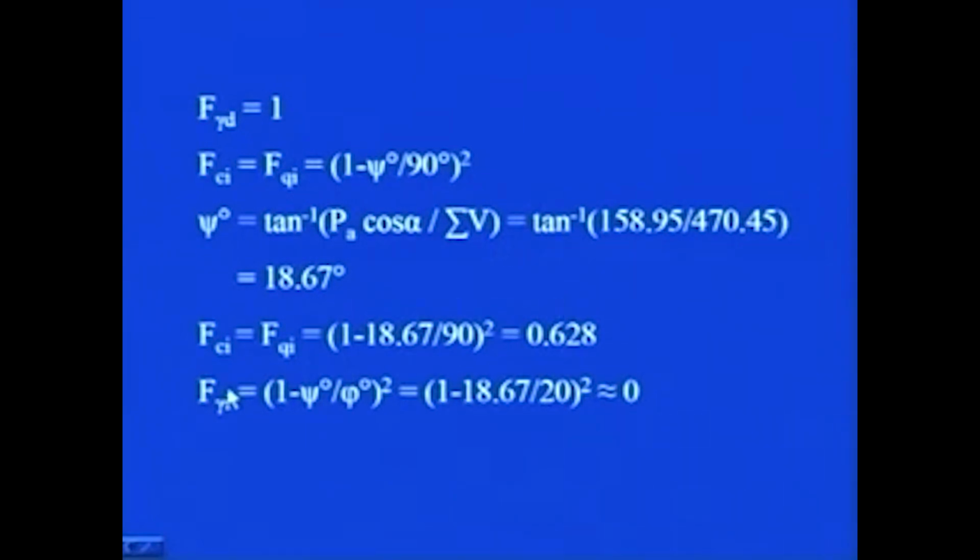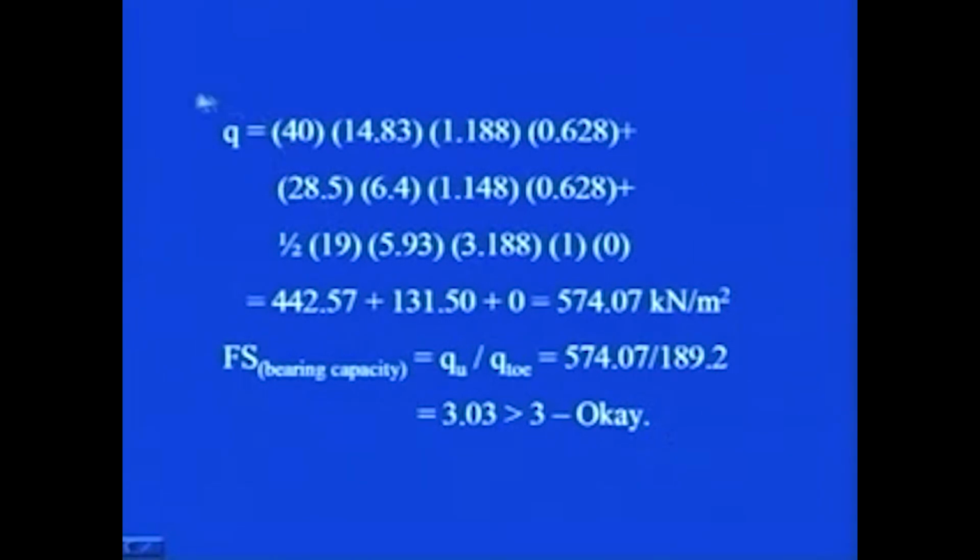However, F gamma I, which is equal to 1 minus psi degree by phi degree whole square, is a very small value, so I am taking it approximately equal to 0. So Q will become... Similarly, you have the expression, simply put all the values in that expression and this Q value will work out to be 574.07 kilonewton per meter square.